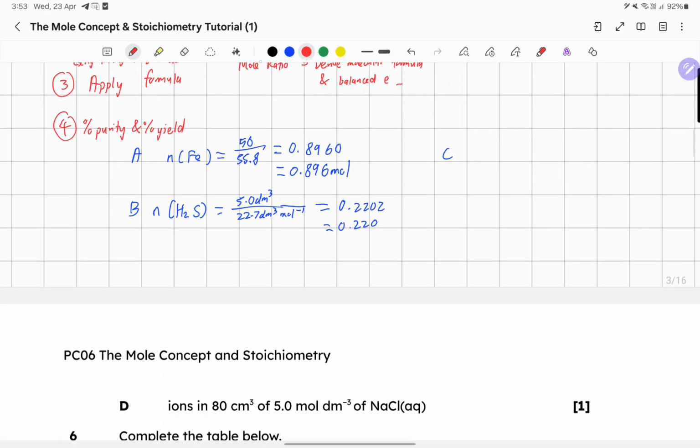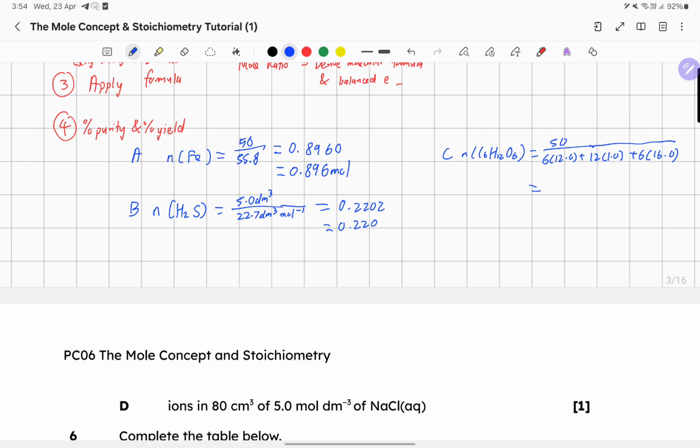Okay, so 50 over C6H12O6, okay, 50 over 6 times 12.0 plus 12 times 1.0 plus 6 times 16.0. Okay.